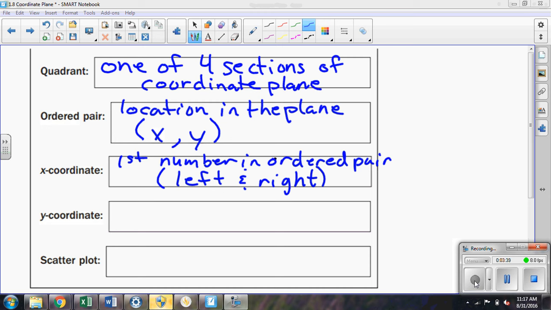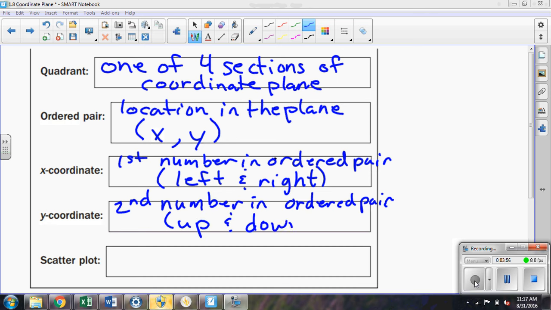Likewise, we have the y-coordinate. The y-coordinate is the second number in an ordered pair. That y-coordinate keeps track of how far up or down you go, how far above or below the origin you are.